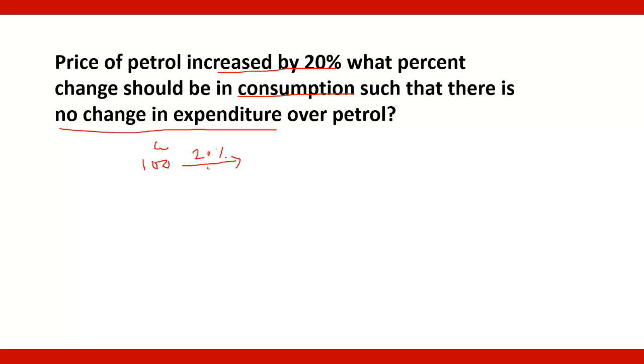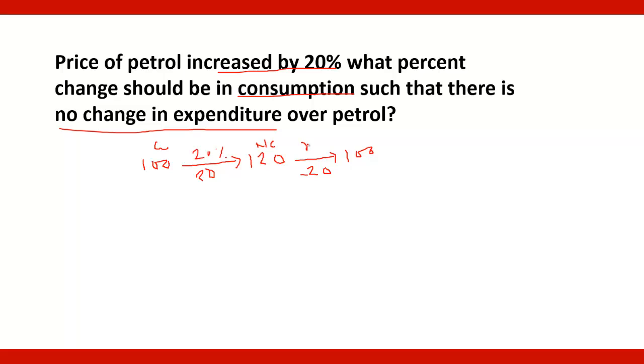It is increased by 20%, so it is increased by rupees 20. So now the total consumption is of rupees 120. But we have to keep this consumption as 100 only. It means we will have to decrease our consumption by rupees 20.